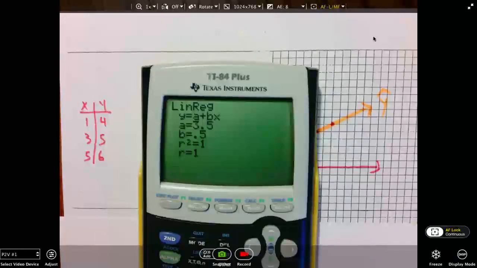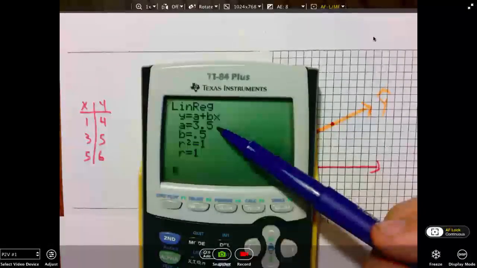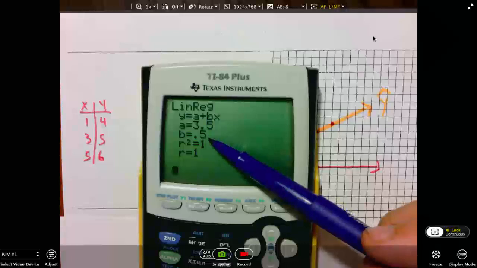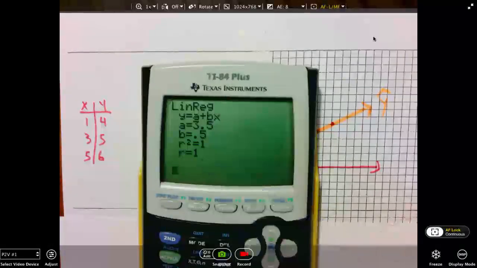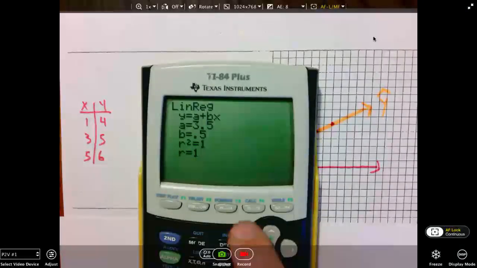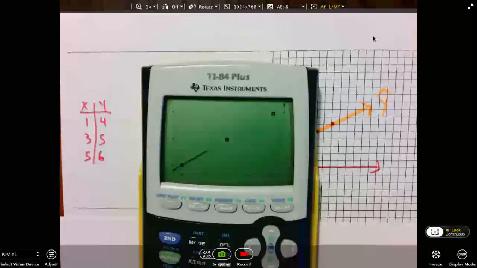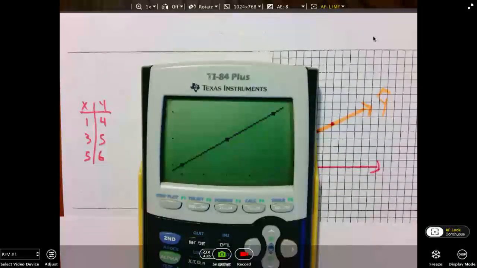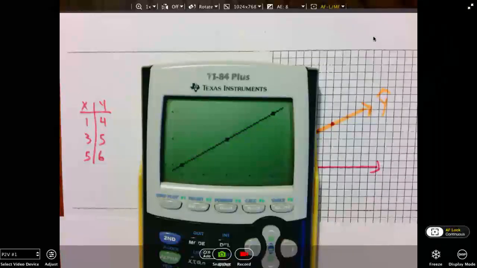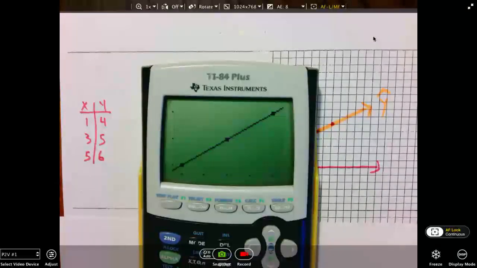Hit enter. I see I have a y-intercept of 3.5, a slope of 0.5, r squared is 1, and r is 1. Let's take a look at the points graphed and then the regression line. Zoom 9. There you see the points, there you see the line falls perfectly on those points. Since it's linear, the regression line is right through those points.